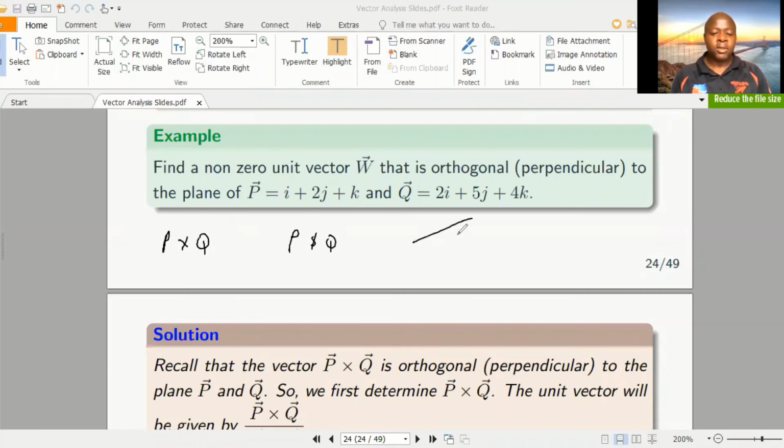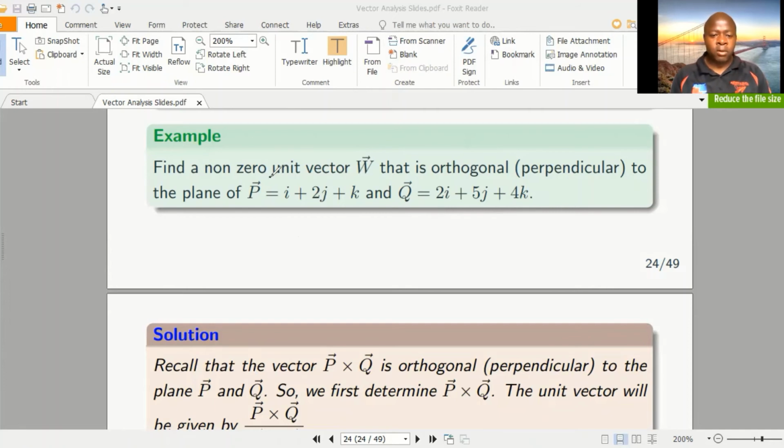Supposing this is vector P, and this is vector Q. Then P cross Q is the vector perpendicular to P and perpendicular to Q at the same time. And so of course it should be perpendicular to the plane in which these two vectors are. So that becomes very easy for us to answer this question.